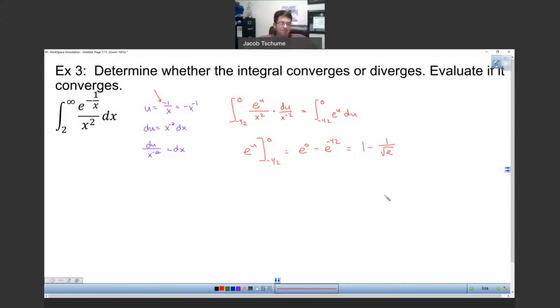And while that is not a perfect number, it is still a finite value that we can find under the curve. So the area under this curve from 2 to infinity is possible to find. So therefore, as long as you don't get positive or negative infinity, you will always say that it is a convergent improper integral.